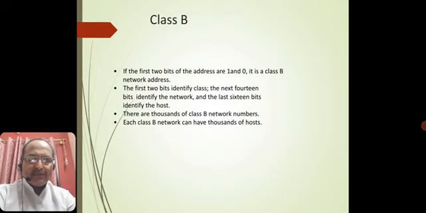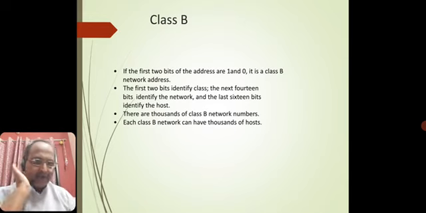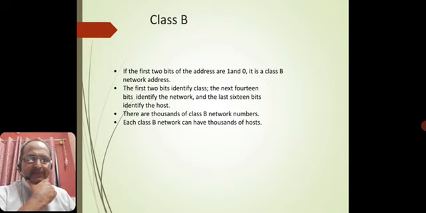The next 14 bits identify the network, and the last 16 bits identify the host. Therefore there are thousands of class B network numbers, and each class B network can have thousands of hosts. That is the criteria of class B.